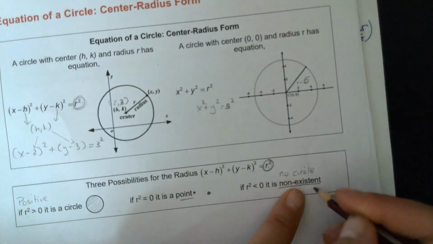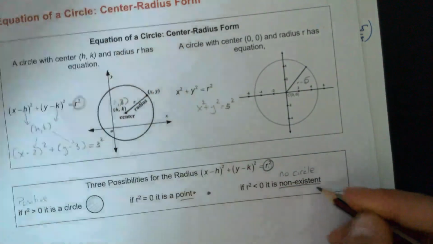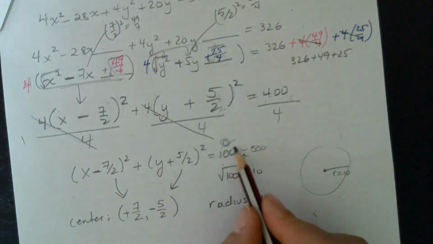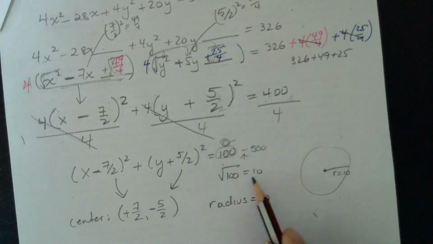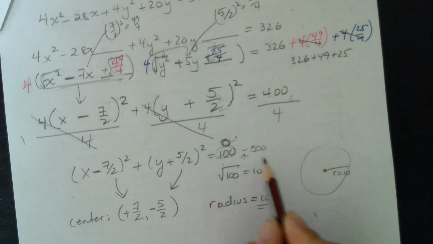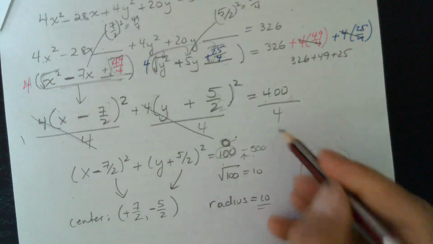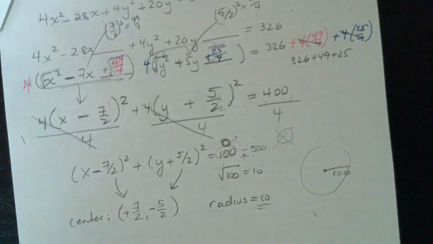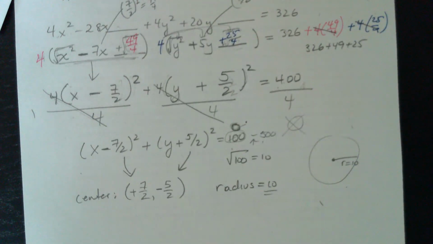No circle, non-existent. But because it's a positive number here, we know it has a radius. If it was 0, it would just be a point. And if it's a negative number, we would say there is no circle. So that's how we do that question.